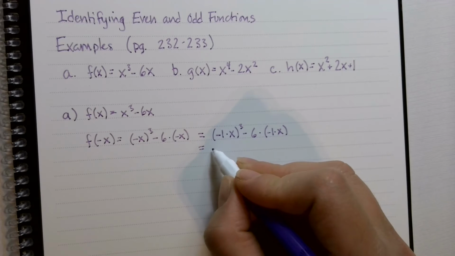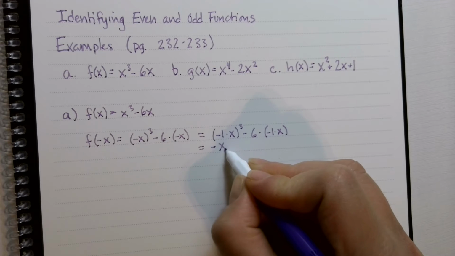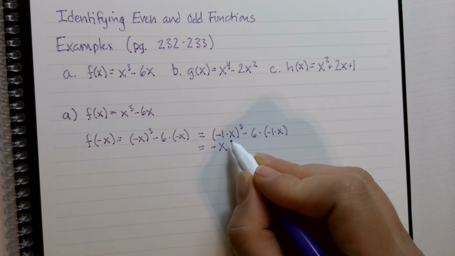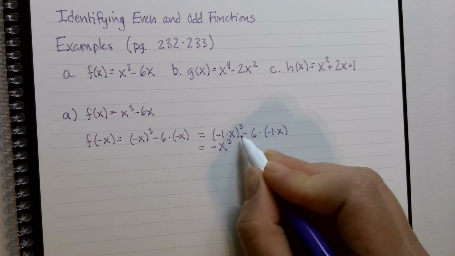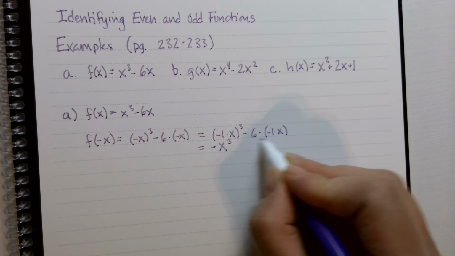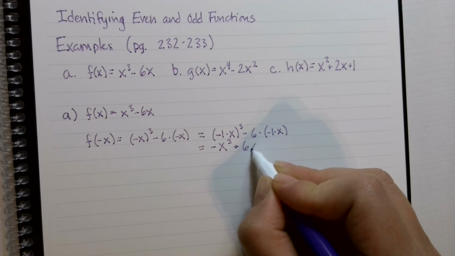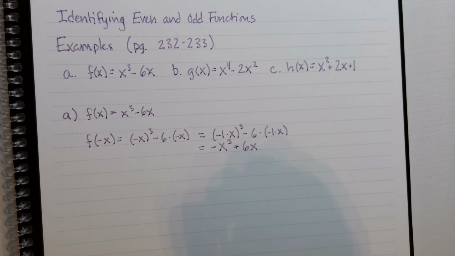So the negative 1 cubed stays negative, so negative x cubed. And then our negative 6 times our negative 1 becomes positive. So we get negative x cubed plus 6x.